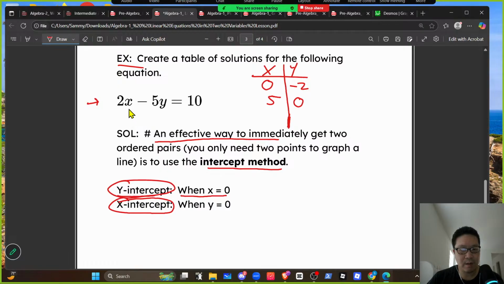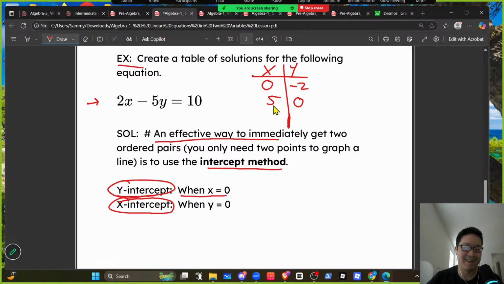Let's try. Hmm. So 3. Let's try 5. So if x were to equal 5. Can you think of any? I can't think of any.